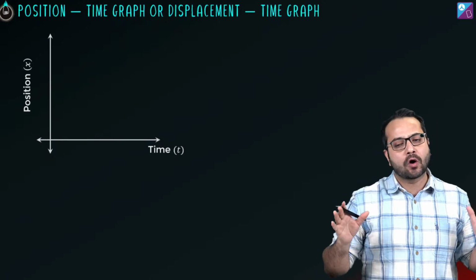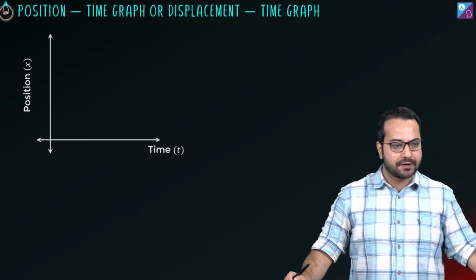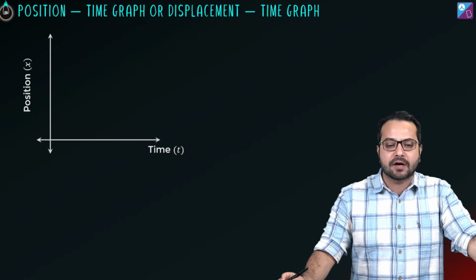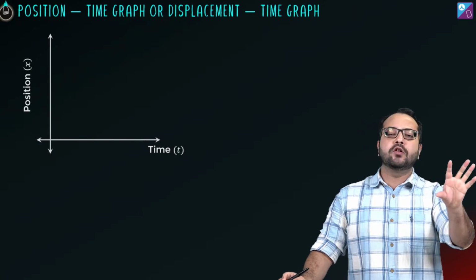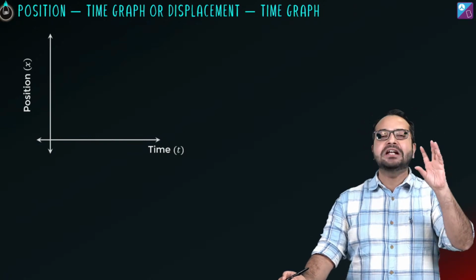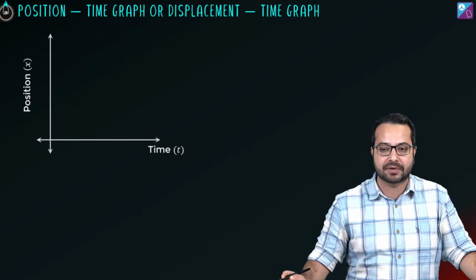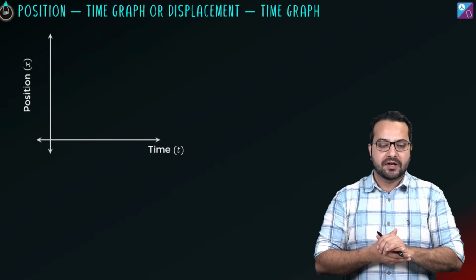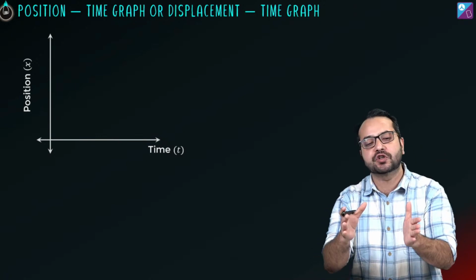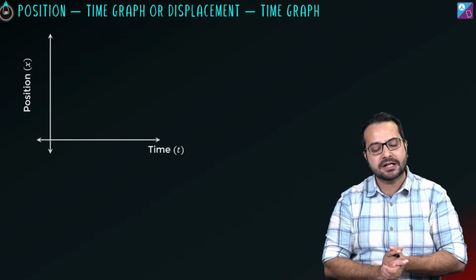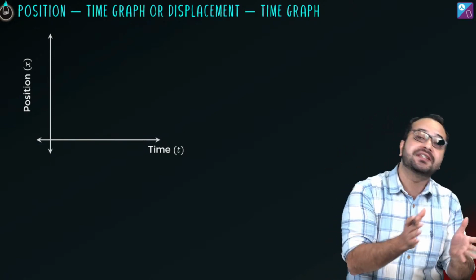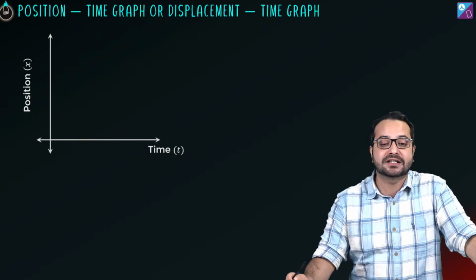Okay. These things you already know, but just a quick reminder. Let's start with position time graph or displacement time graph. So a lot of times we interchangeably use position time graph or displacement time graph. Now, do you know that the change in position gives us displacement, and the change in displacement also gives us displacement?